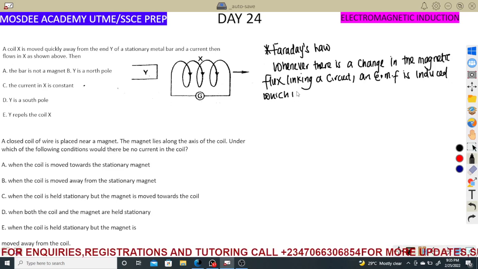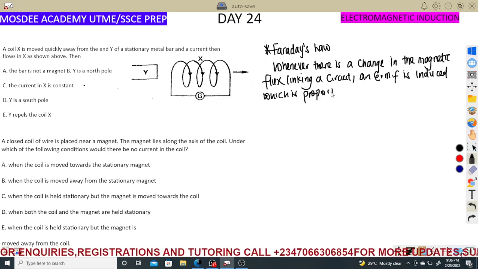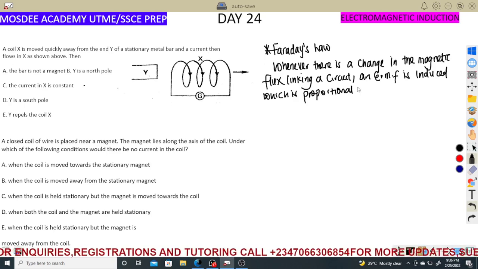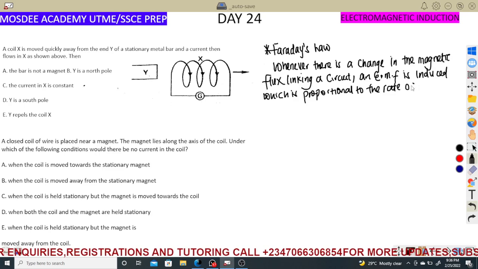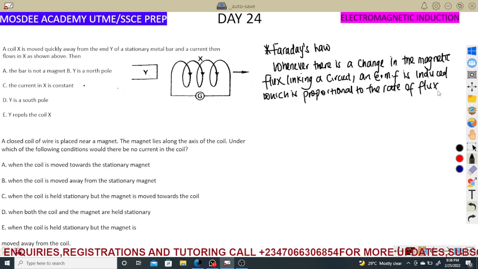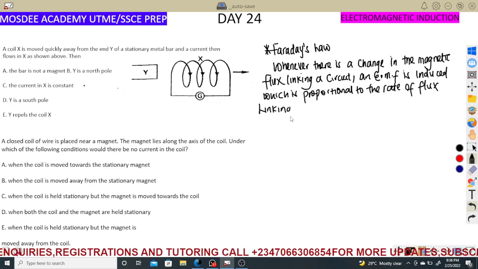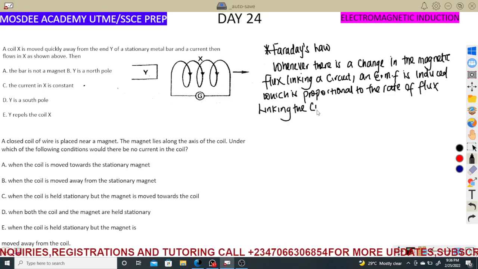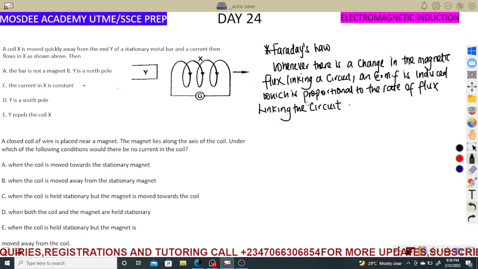which is proportional to the rate of change of flux linking the circuit. So we are talking about a kind of induced EMF and induced current.